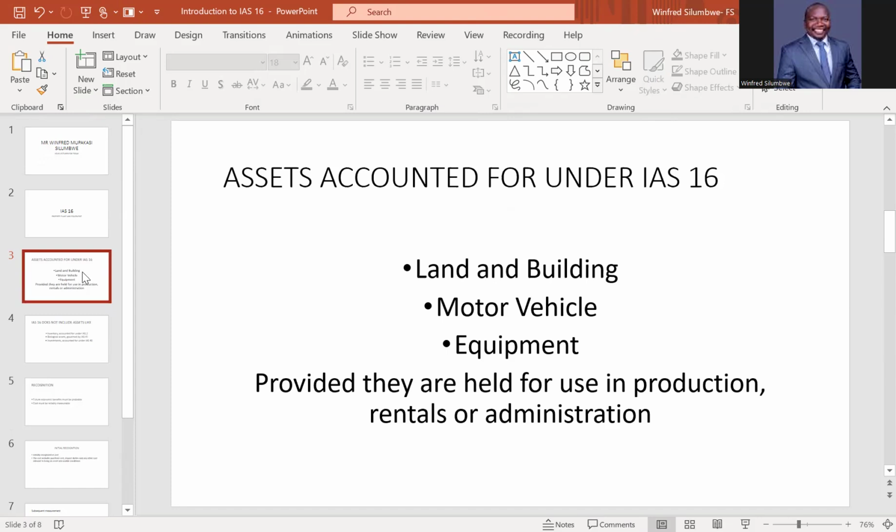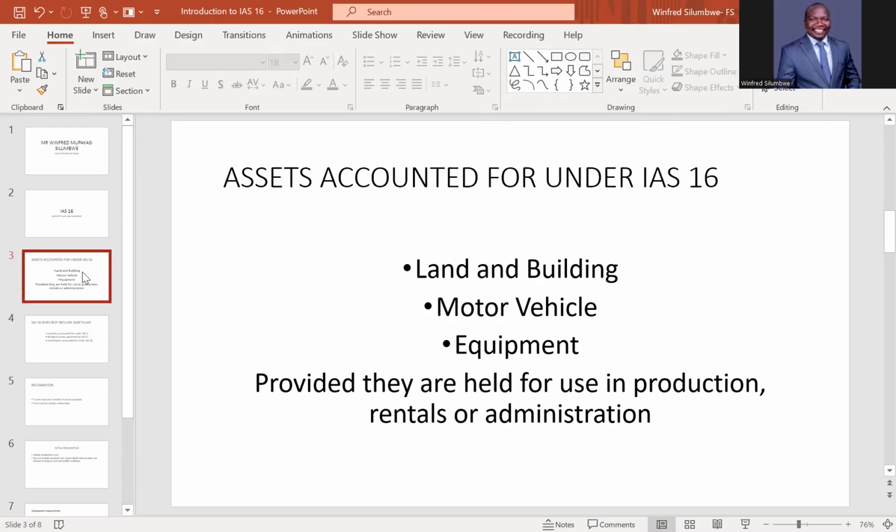Secondly, you must ask yourself which accounting standard treats this kind of asset, because all the assets that you see on the balance sheet are treated according to a specific accounting standard. If you ask yourself those questions, then it becomes very easy to begin to do the computation or the adjustment in the balance sheet or trial balance.